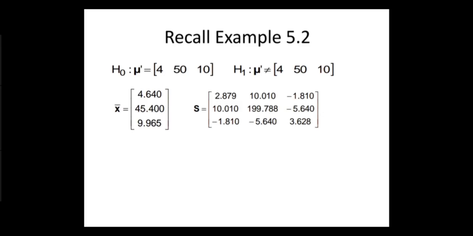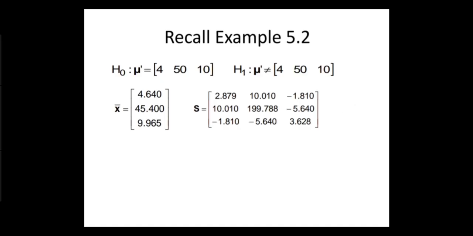From there, we need to test the value of the mean vector, H0 is 4, 50 and 10, and H1 is the transpose of the mean vector not equal to 4, 50 and 10. And then given the matrix of x bar is given there, and also the variance covariance matrix.